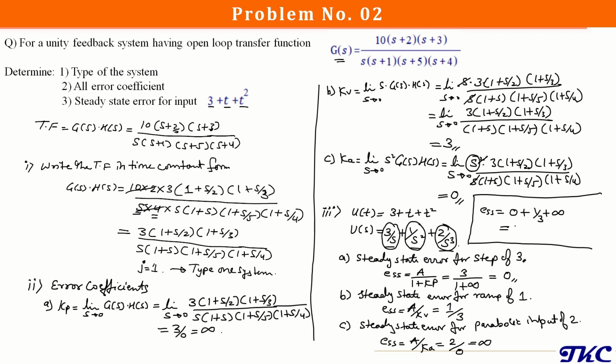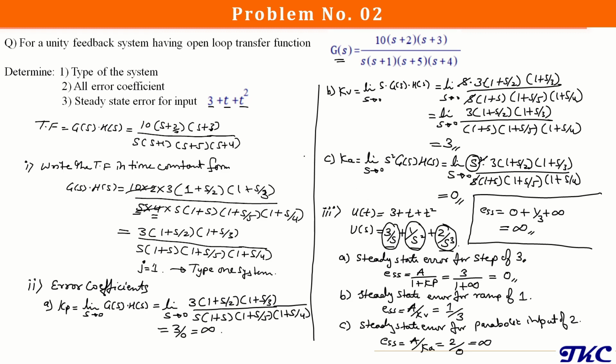When we add these three terms, it will be infinity, because if you add anything to infinity, it will always be infinity. So based on this, we can say that for the given input, the steady state error of the system will be infinity.